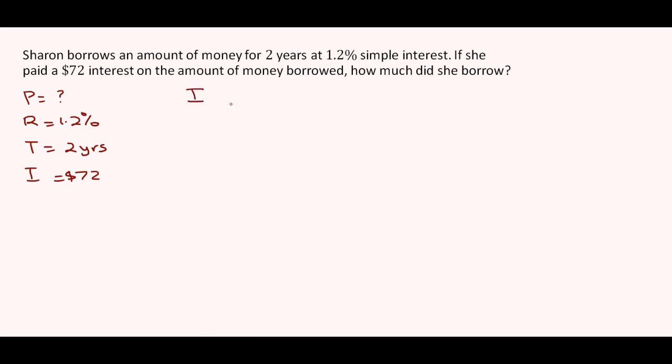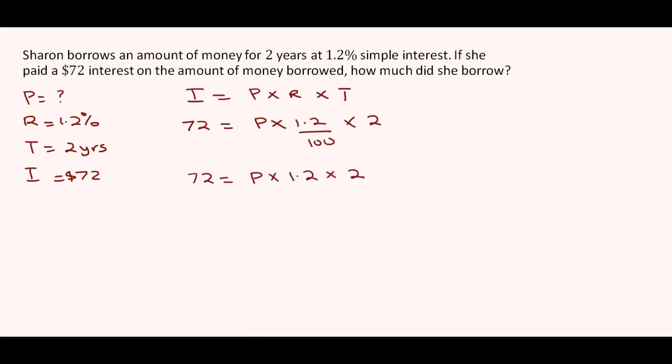So our simple interest formula is principal multiplied by rate multiplied by time. And our interest will substitute what we know. So 72 is P multiplied by rate is 1.2 over 100. Time is 2 years. So this is going to give us 72 is going to be principal times 1.2 times 2 over 100. So now this is over 1.